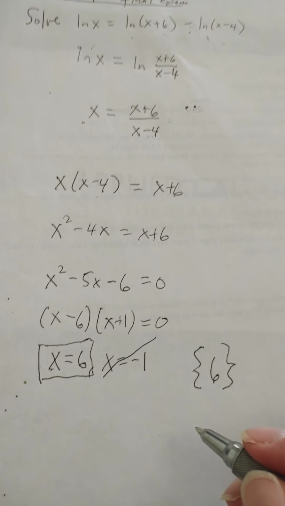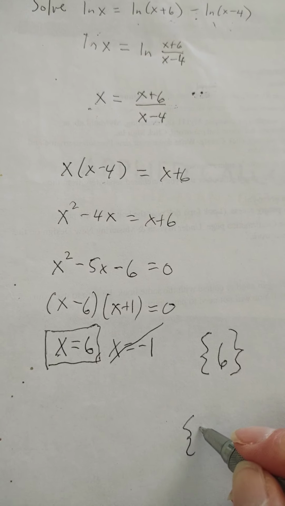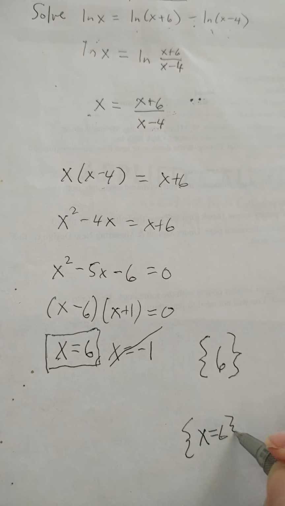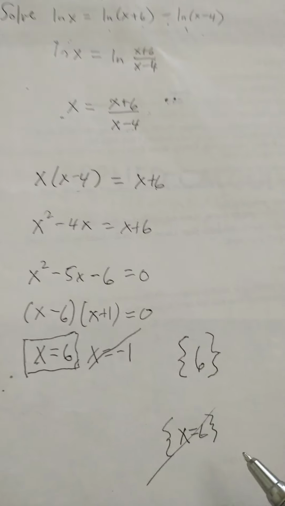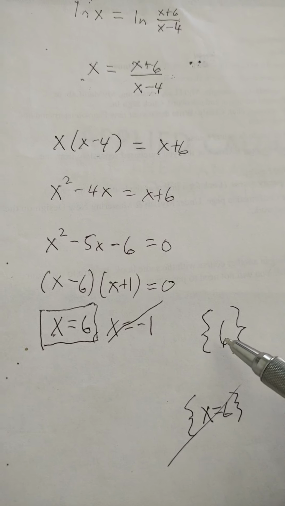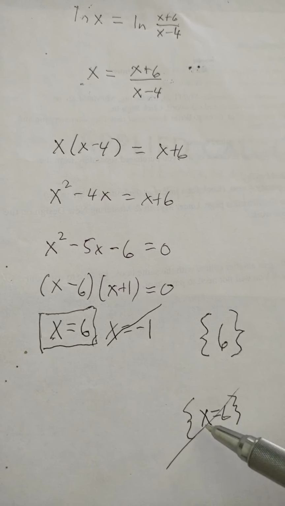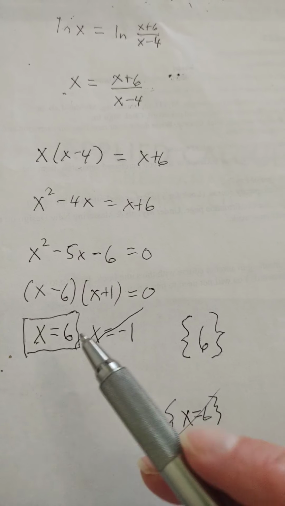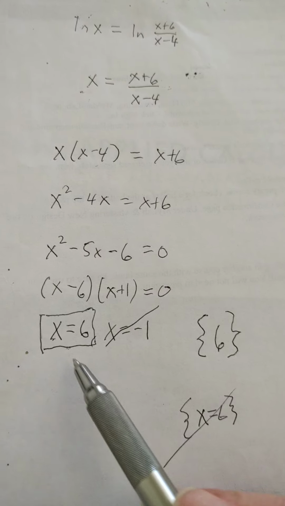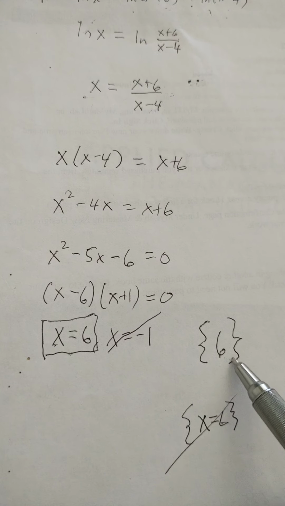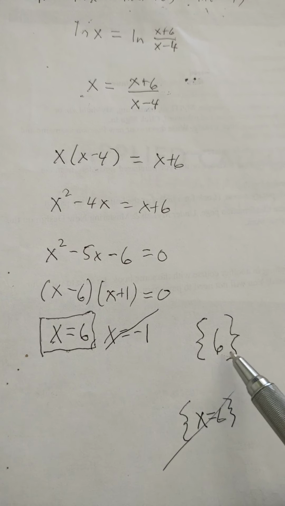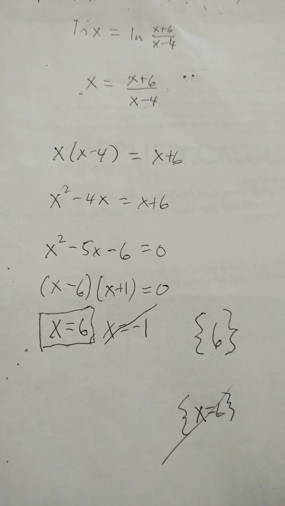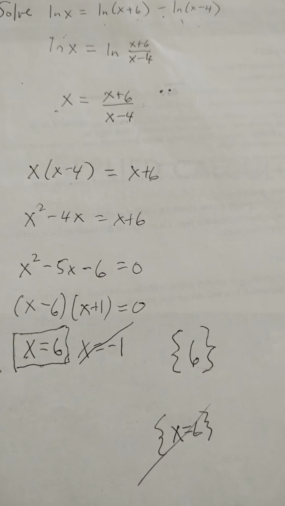Do not write x equals 6 with the braces. That's overkill. It's wrong. So for a solution set, you just write what numbers are in your solution. Either write x equals 6 like this, or on my math lab, they might want you to write it like this. So when the braces appear, don't write x equals 6. Just write 6. Okay. Good luck, everyone.